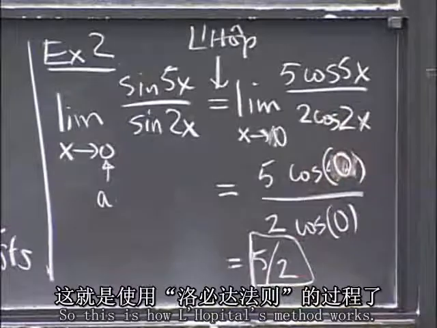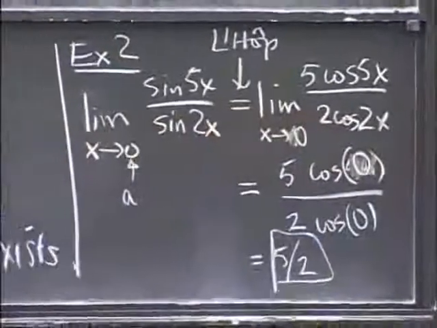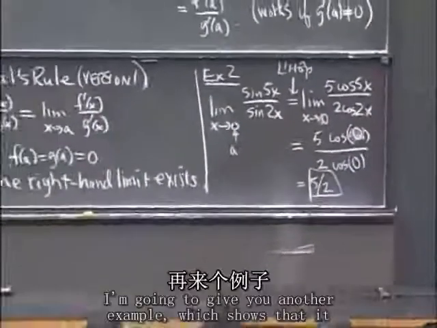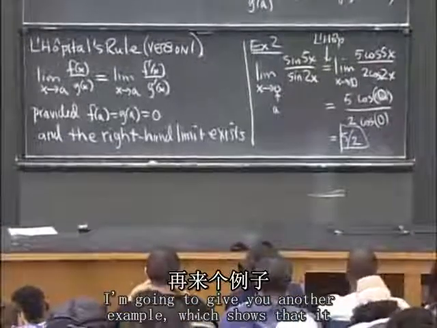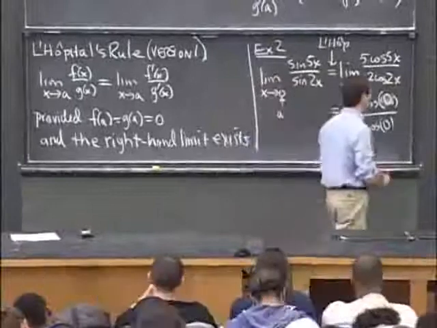All right, so this is how L'Hopital's method works. It's pretty painless. Now I'm going to give you another example which shows that it works a little better than the method that I started out with.